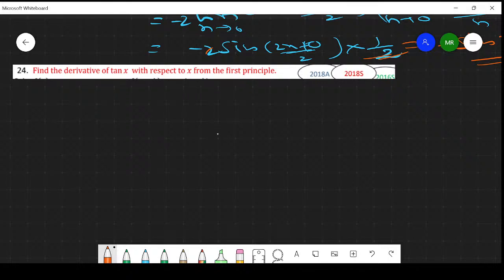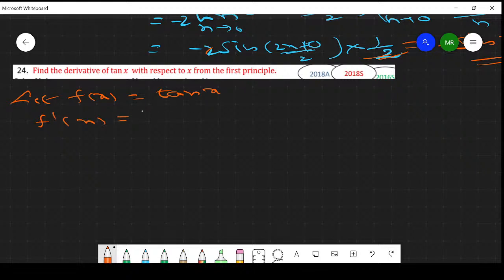Find the derivative of tan x with respect to x from first principle. Again you can write, let f of x is equal to tan x. Now write the derivative formula, f dash of x.